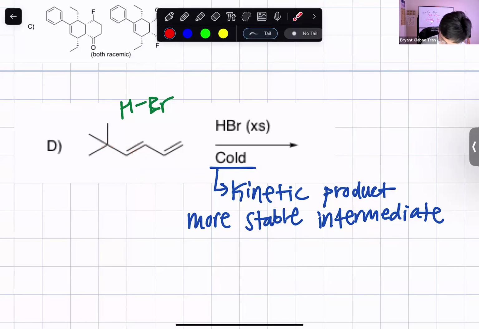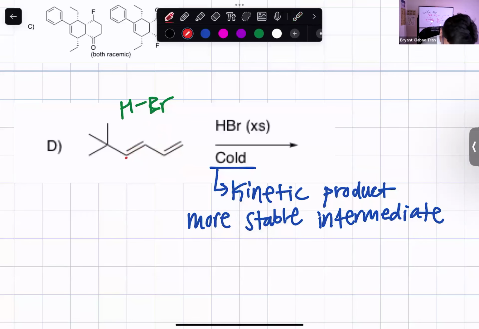Whereas if we put a carbocation at B, this carbocation here is at the allylic position. That's the most important thing here about this mechanism. This allylic position allows this carbocation to become more stable because it could do resonance like that. So the carbocation at this carbon here is actually going to be more stable than the carbocation here, right?